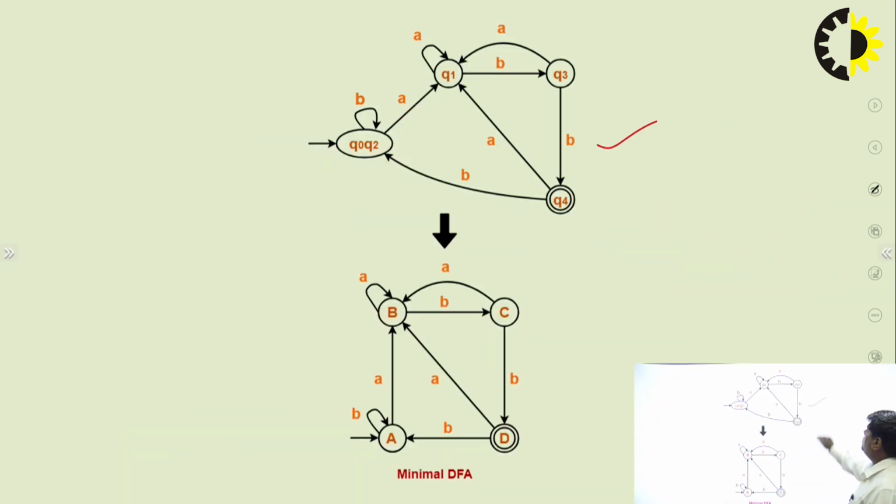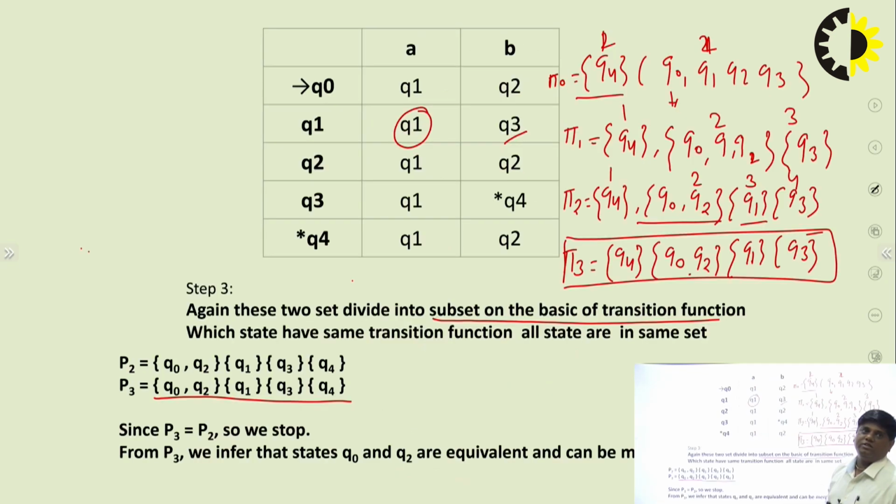This is your original DFA, and this is your minimal DFA. A minimal DFA is always unique. Q0 and Q2 are minimized. Q1 is not minimized, Q4 is not minimized, and Q3 is not minimized.